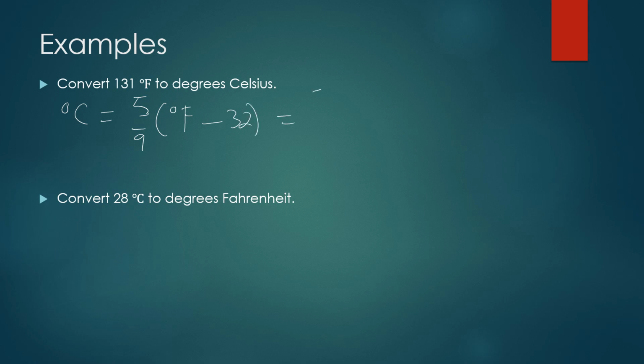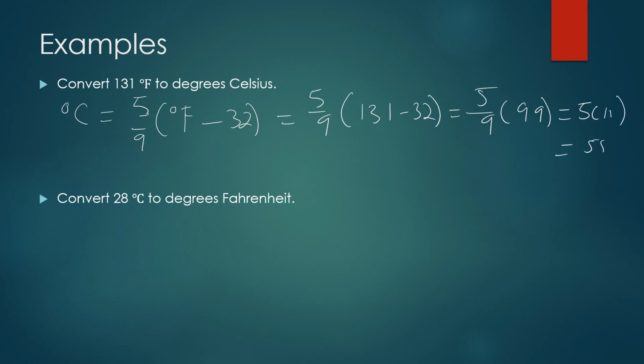That means this will be 5/9 times the quantity of 131 minus 32, which is 5/9 times 99, which becomes 5 times 11, which is 55 degrees Celsius. So if we have a measurement of 131 degrees Fahrenheit, that is equivalent to 55 degrees Celsius. 131 degrees Fahrenheit is the same temperature as 55 degrees Celsius.